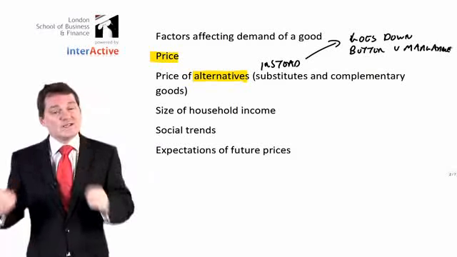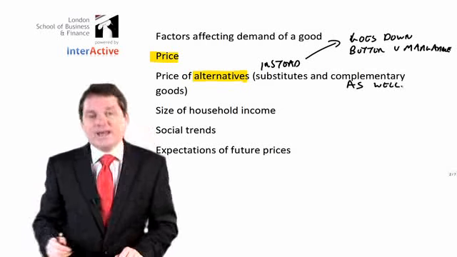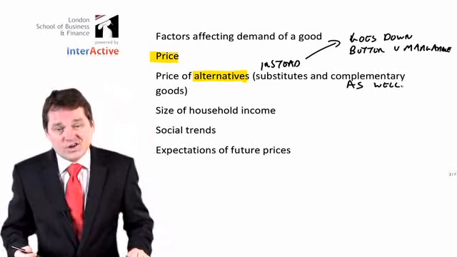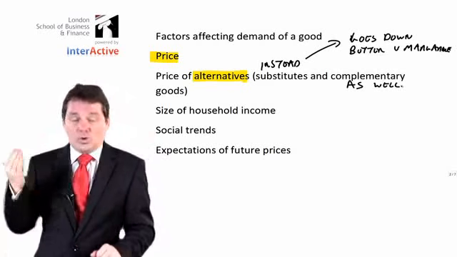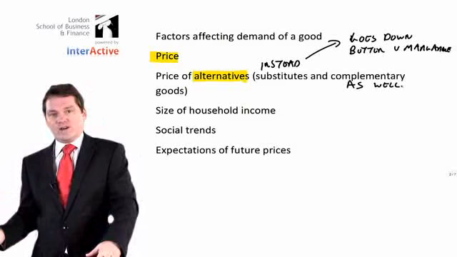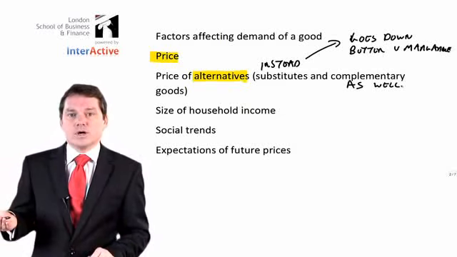Similarly, complementary goods are ones that you tend to buy as well. I was talking about cars earlier. When you buy a car, you will often need to buy new tyres. The tyres wear out. So if demand for cars goes up, demand for tyres goes up.